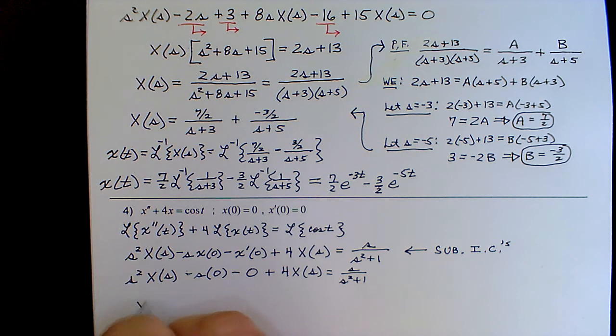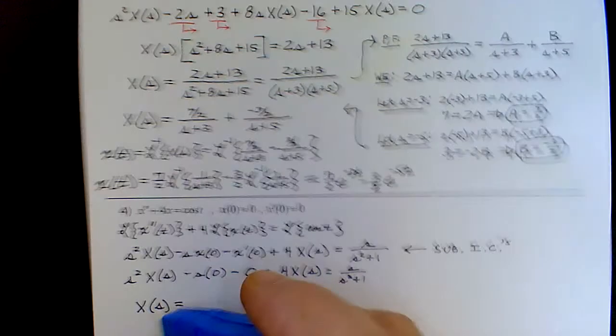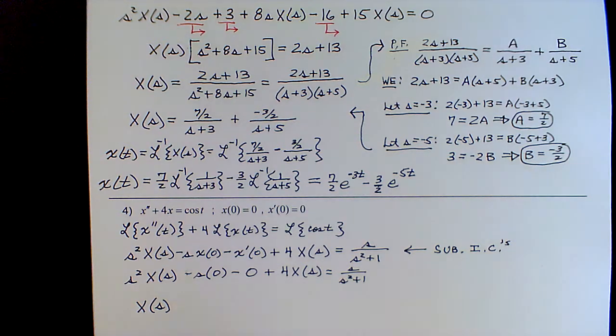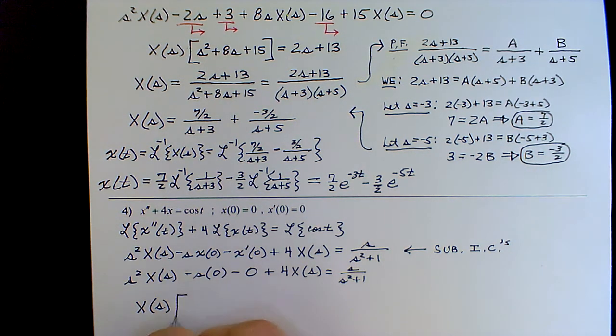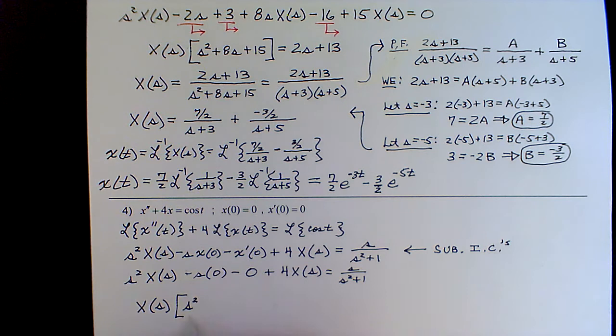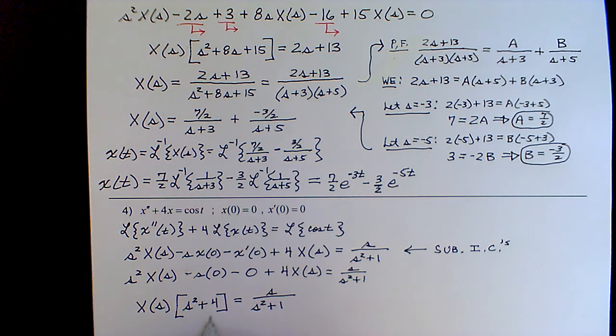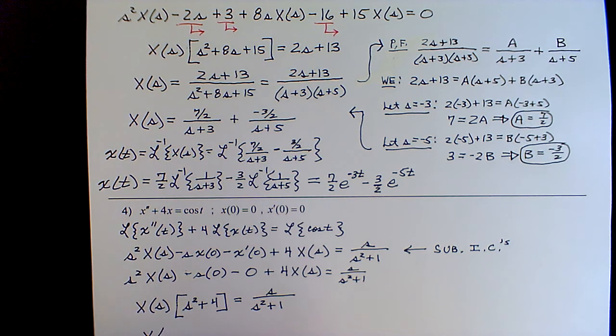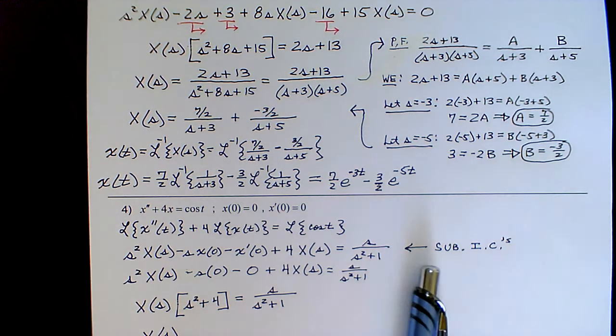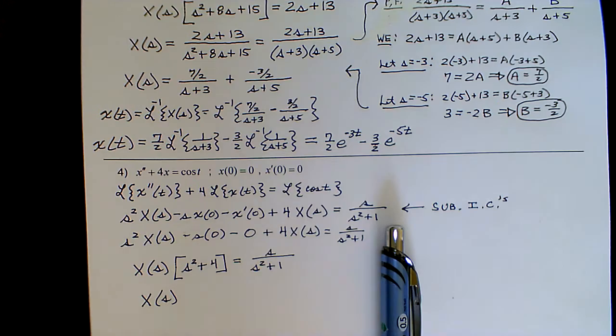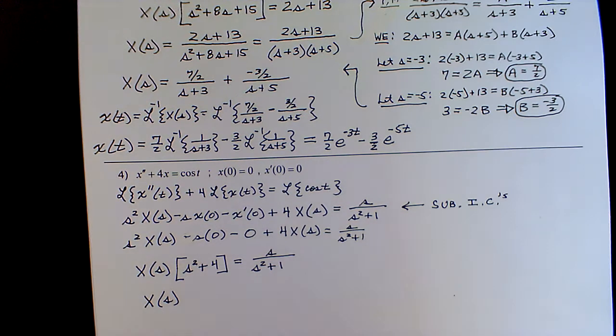Okay, so now let's factor out the X of s from the left. Nothing to transpose. So factoring out uppercase X of s, we have that times s squared plus 4, and that's equal to the s over s squared plus 1. And then dividing by s squared plus 4 is really the same as multiplying by 1 over s squared plus 4.